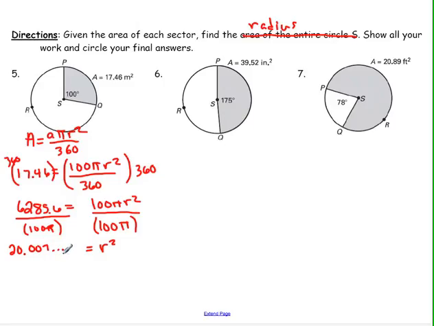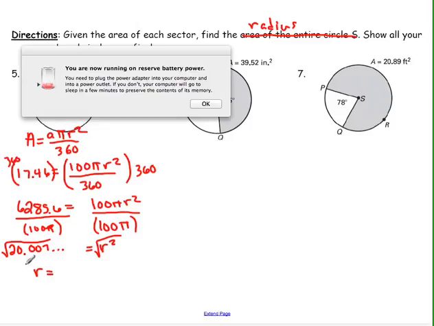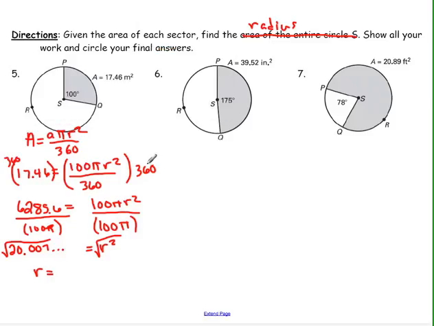And what I have to do is take the square root. Most teachers won't let you just type in the square root of 20.007 and get the right answer. If you don't carry out enough decimals, there might be a precision problem that you might get the wrong answer. So usually most calculators will let you input the last answer. That's what I'm hoping for you. So for this one, you would get 4.47 meters for your answer there.